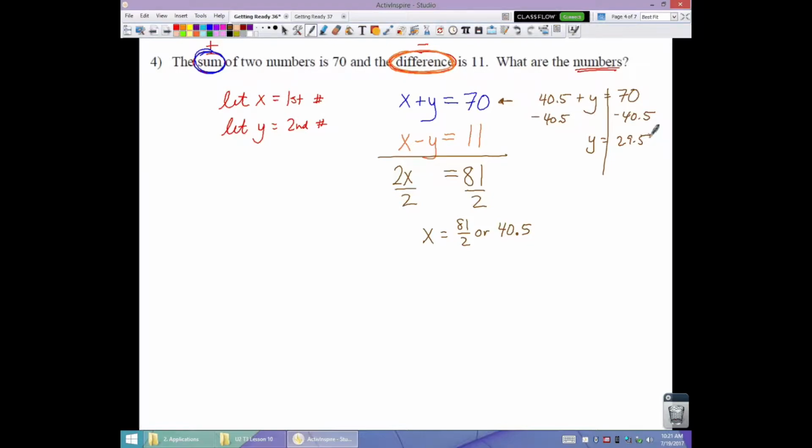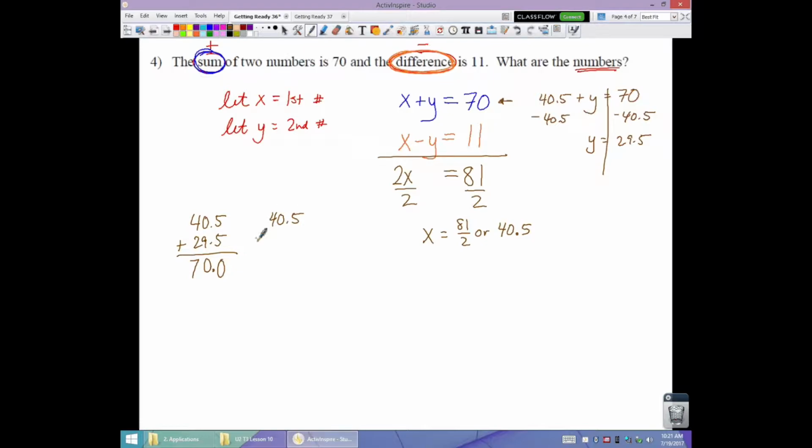So if the decimals felt a little weird to you, try it out. When you add 40.5 and 29.5, does it equal 70? Is 40.5 plus 29.5 70? Yes. What about when I subtract them?